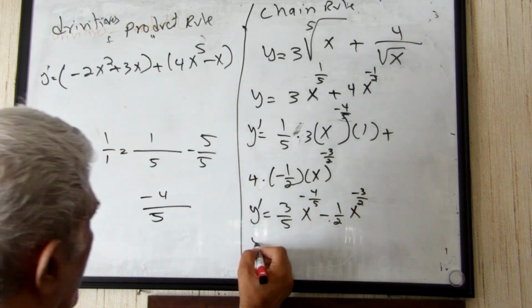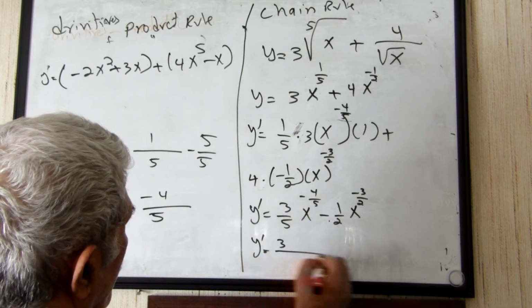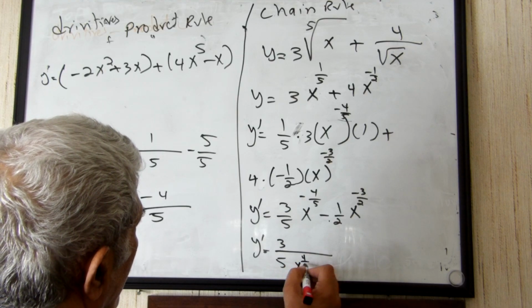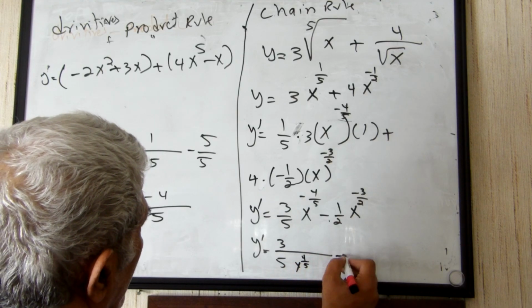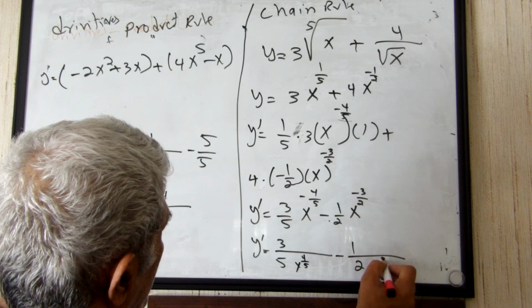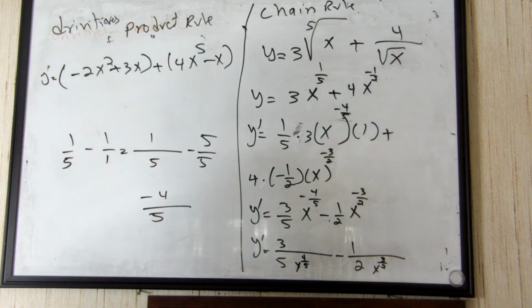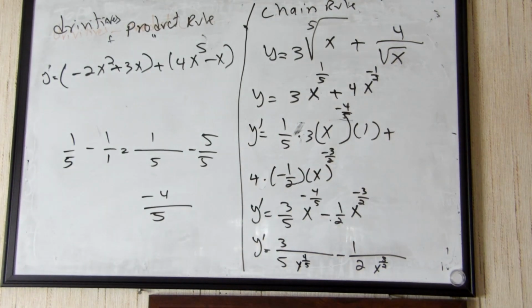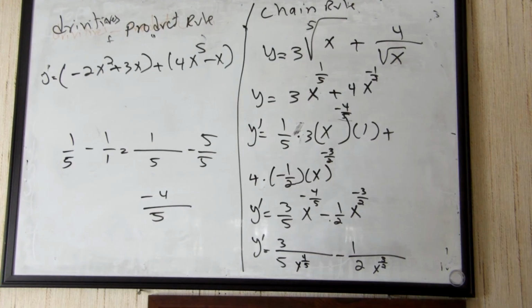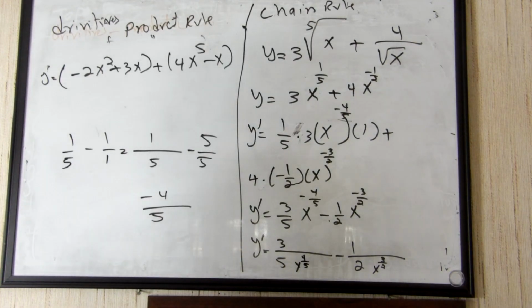Well, we can write it like this: 3 over 5 x to the power of minus 4 over 5 and minus 1 over 2 x to the power of minus 3 over 2. Okay, that is for the power rule.